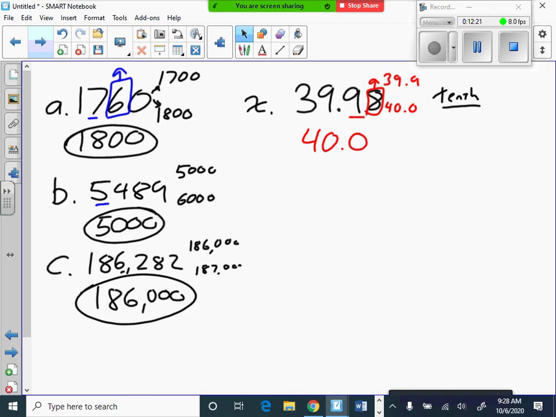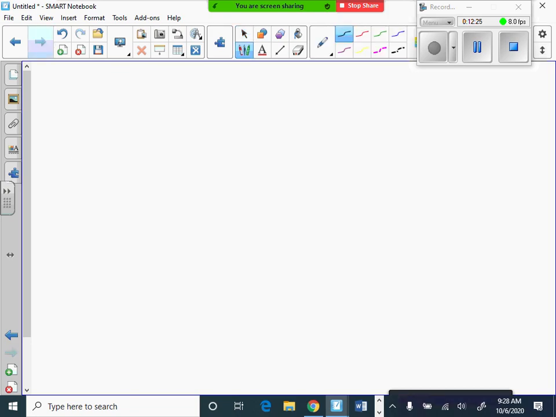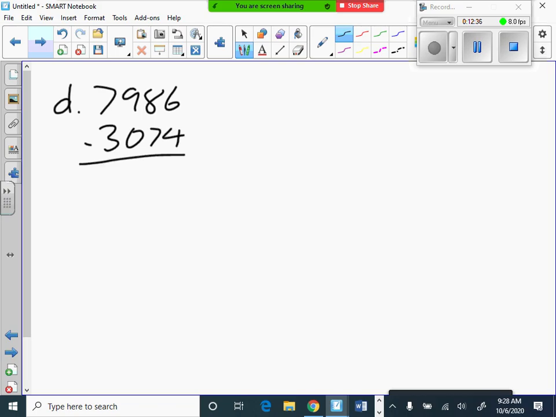All right. D, estimate each answer. So first thing we're going to do for these is write down the original problem. As I look at D, we have to subtract 7,986 minus 3,074. We want to estimate this. To estimate, we make numbers we can basically do in our head.